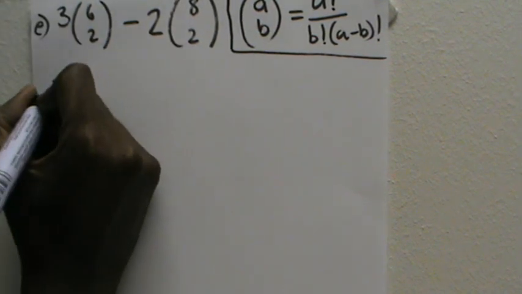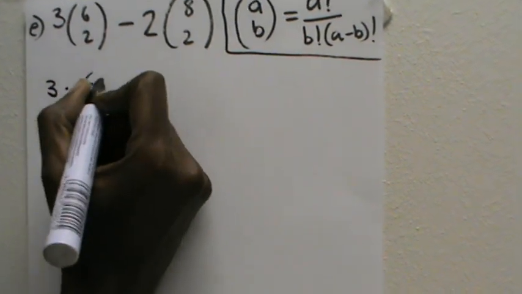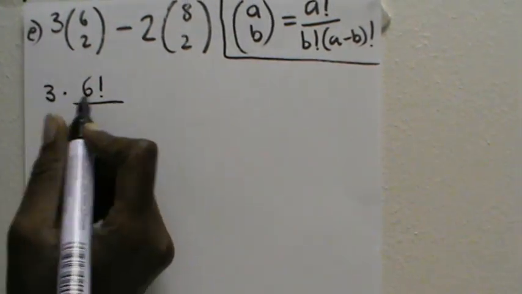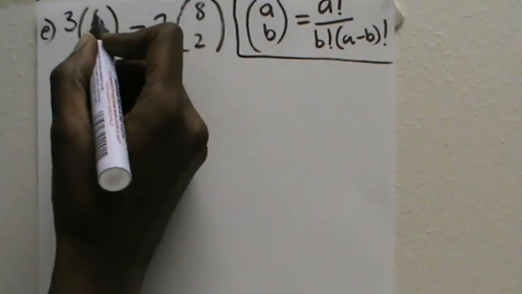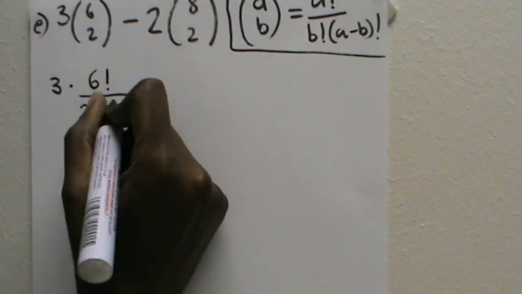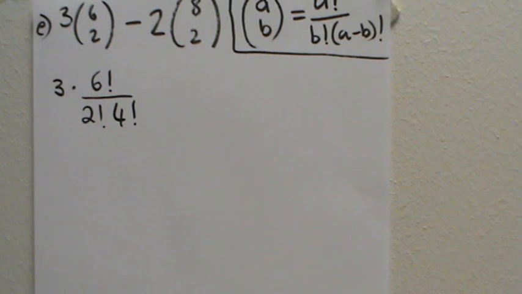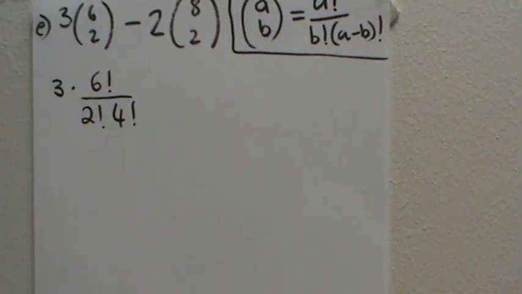So I have 3, and I'll multiply this by 6 factorial divided by 2 factorial, and then 6 minus 2 factorial. 6 minus 2, that's 4, and then the factorial over here. And you'll notice that these numbers here always add up to the one over there.